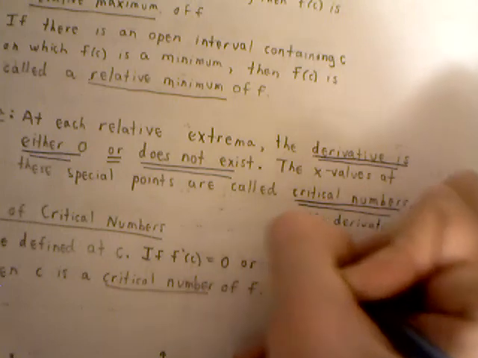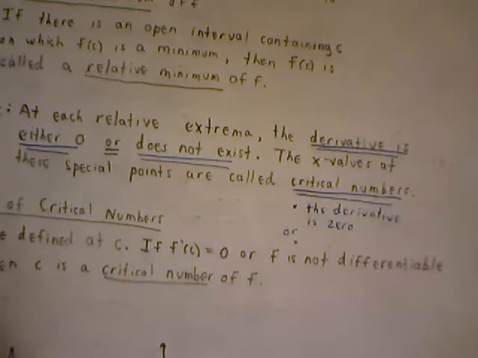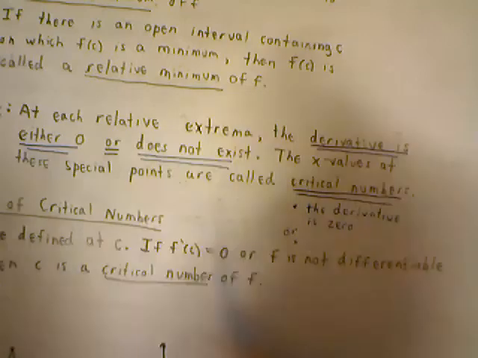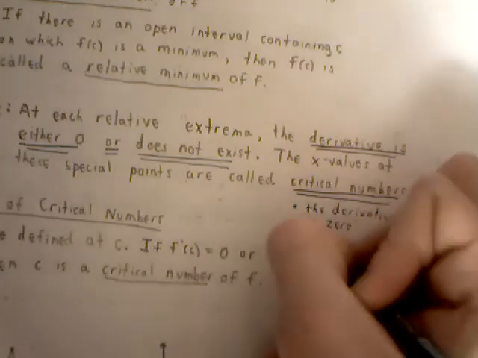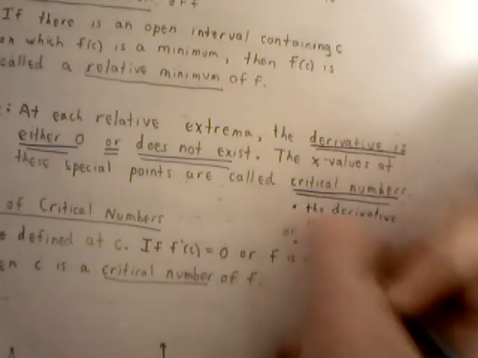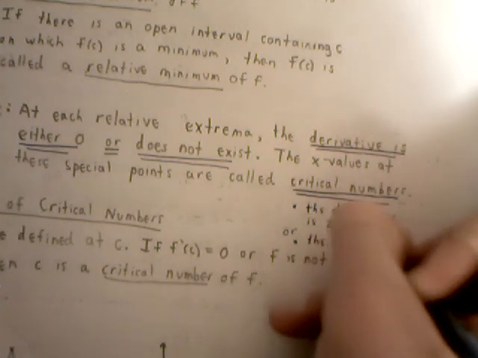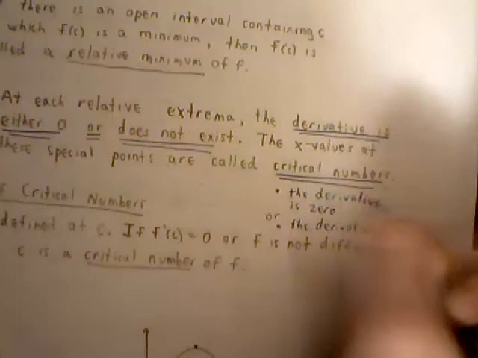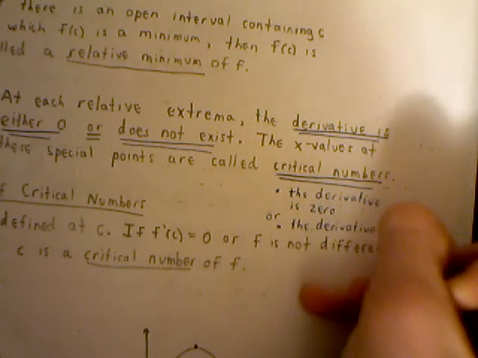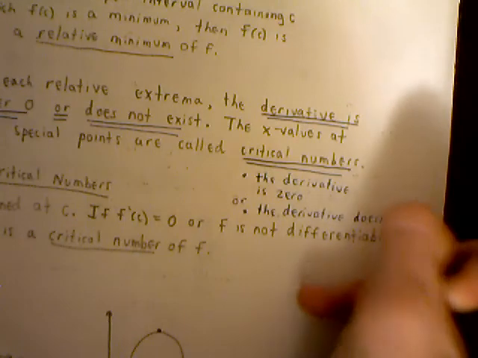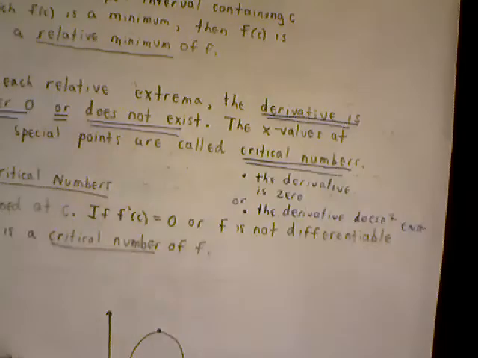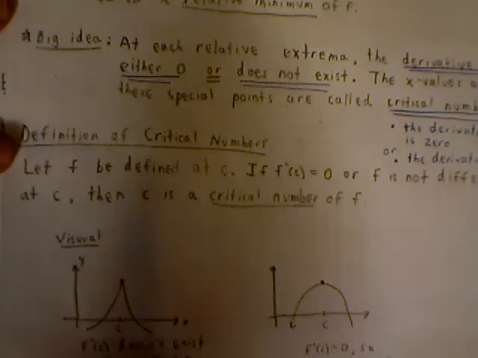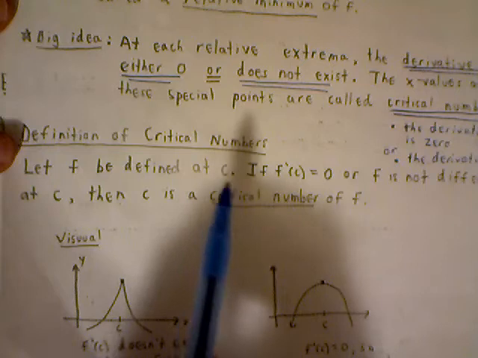Or the derivative doesn't exist, like we said over here. Anytime you see or hear critical numbers, all right. So here's our definition of critical numbers. Let f be defined at c.